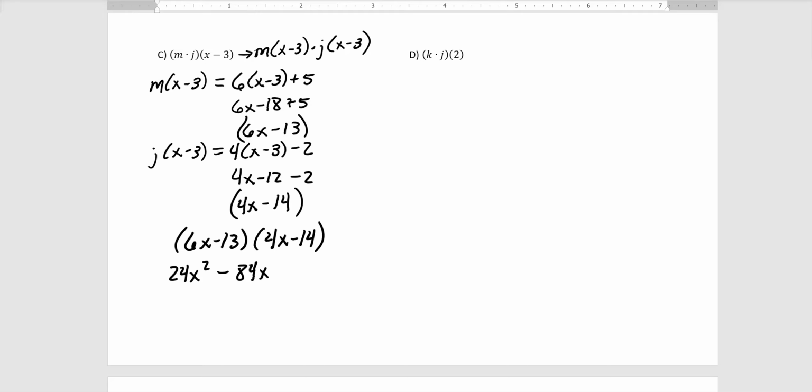And then negative 13 times 4x is going to give me negative 52x, because negative 13 times 4 is negative 52. And then negative 13 times negative 14, that's going to give me positive 182. All right, combine our like terms, so we'll have 24x squared minus, let's see, 84 plus 52 would be 136, so minus 136x plus 182.